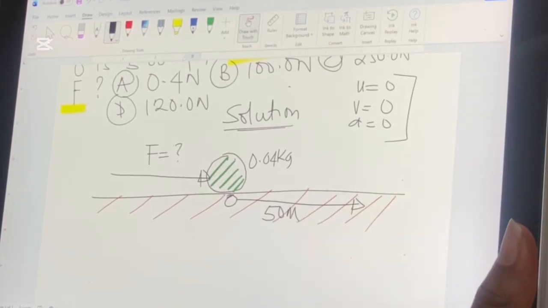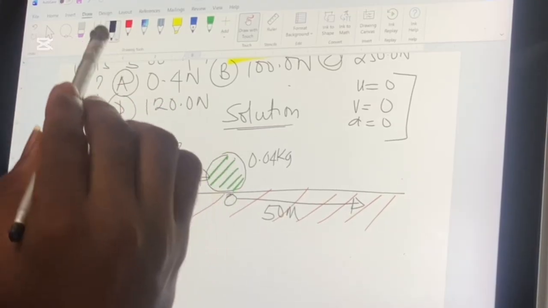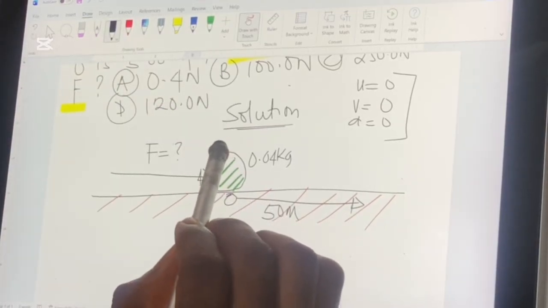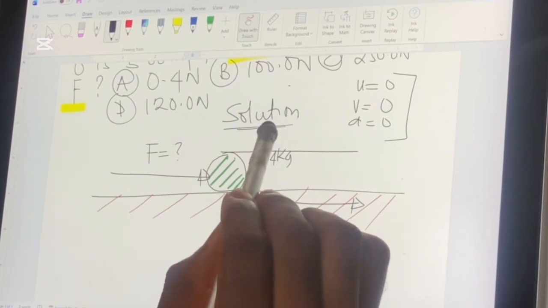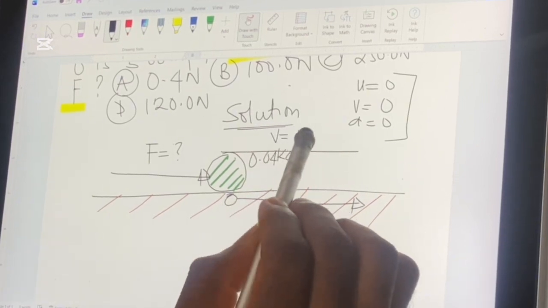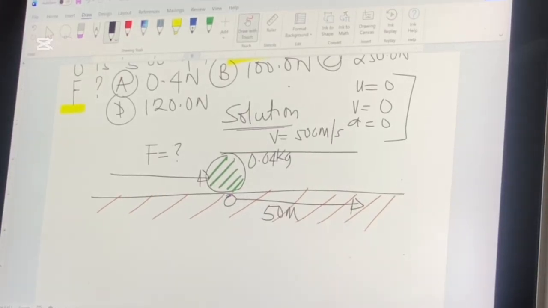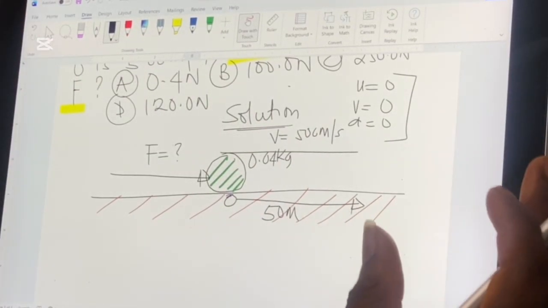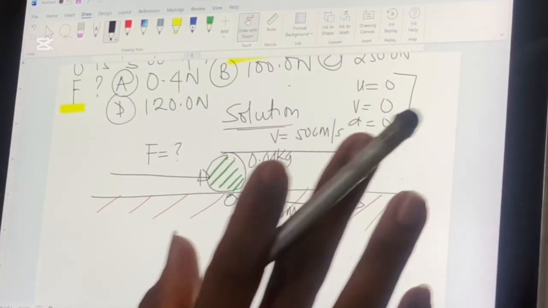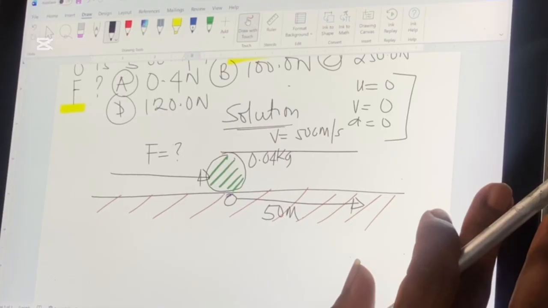The velocity this object will have at 50 meters from O is 500 meters per second. So this is the diagram. This is the explanation of the question. Okay, but please don't be afraid of this.